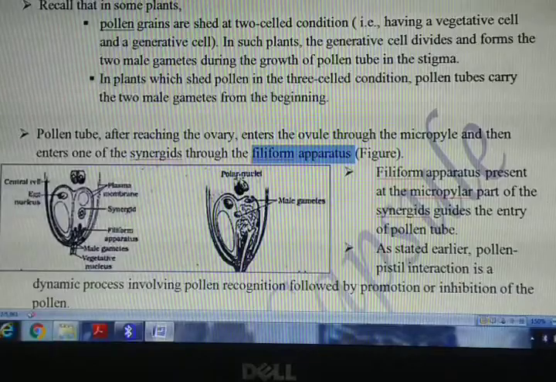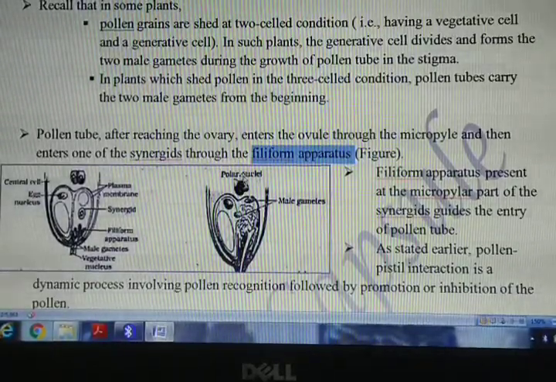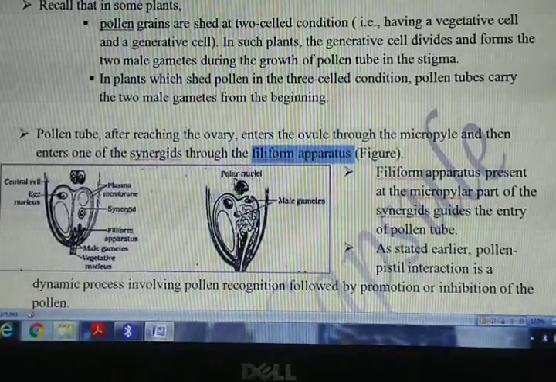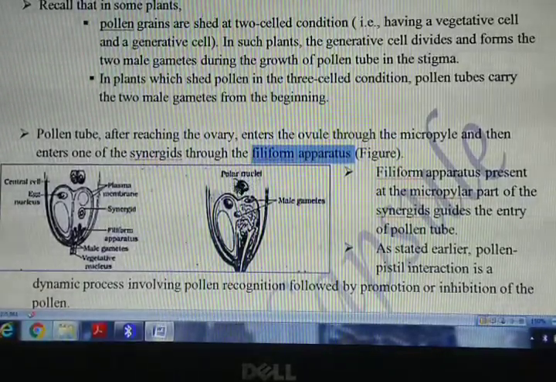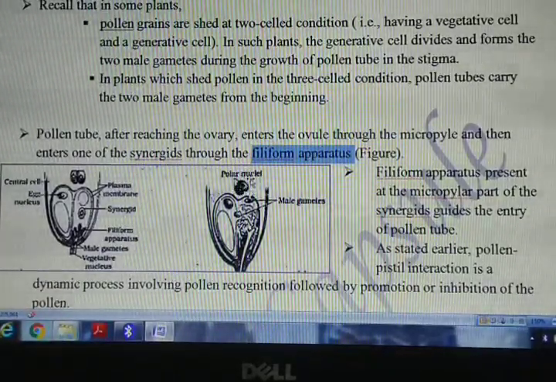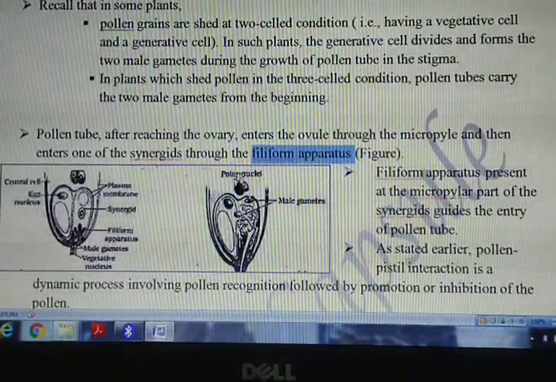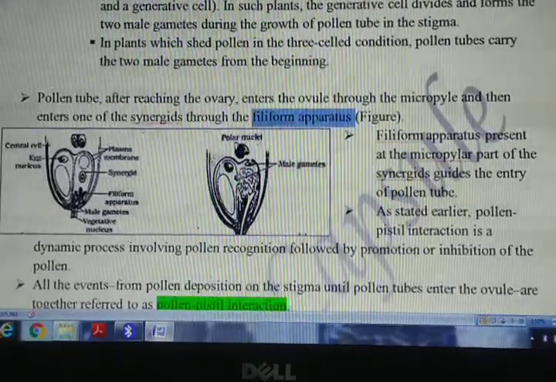That develops as 3n, which is called PEN, primary endosperm nucleus, which is triploid. This is also called triple fusion.